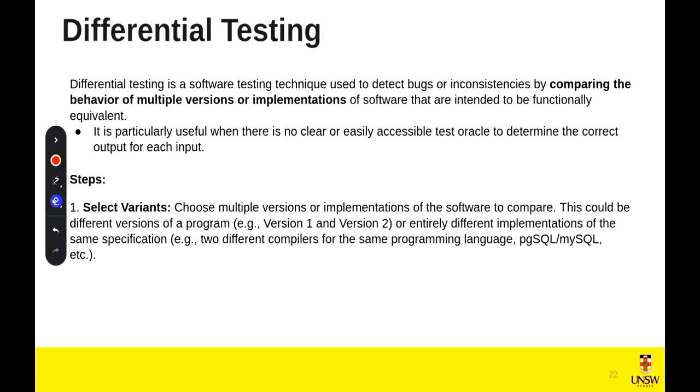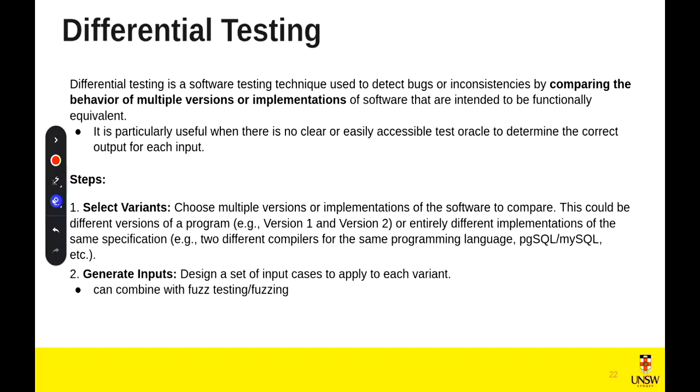And once we have selected the variants, we can then generate the test inputs to test them. For the design of the test inputs, we can use the previous methodologies we have learned. And we can also use fuzz testing or fuzzing.